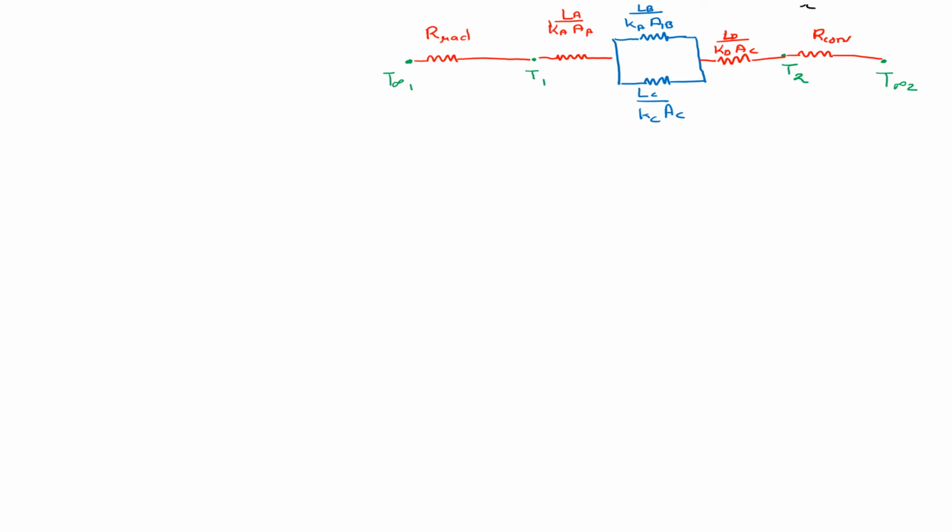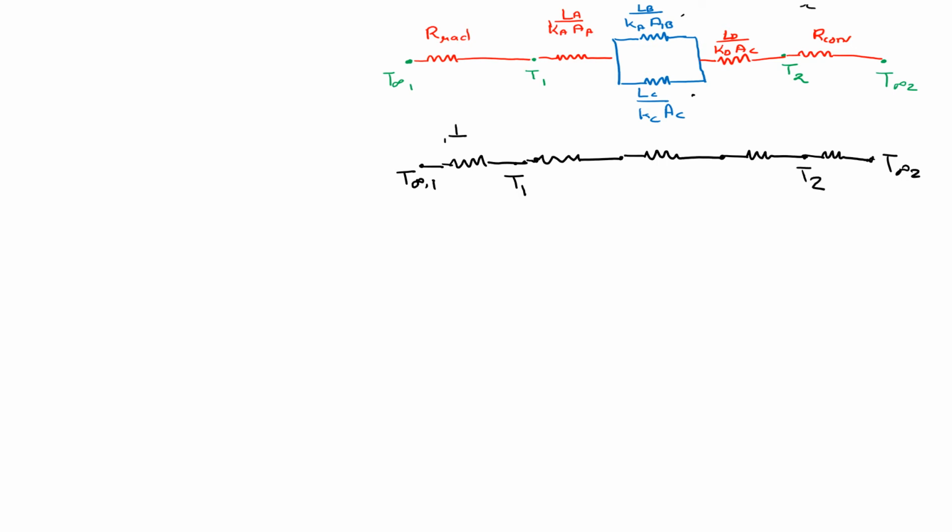Now we've found the equivalent parallel resistance, we can redraw the circuit diagram: T infinity 2, T1, T2.